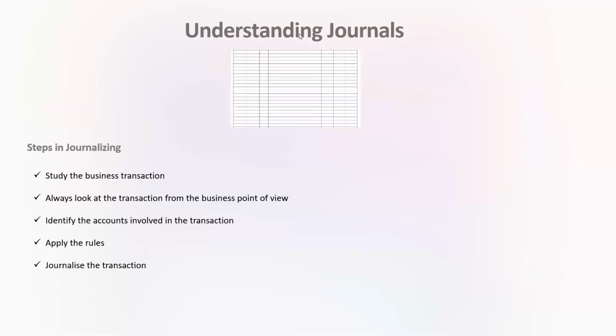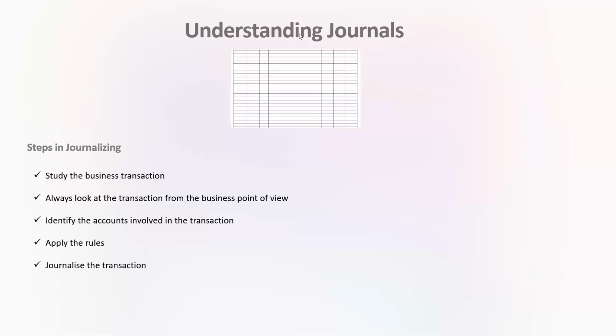Identify the accounts involved in the transaction. Identify all the parties. For example, if a credit purchase is being made, who are the parties involved? The company is involved, and whoever has supplied the material to the company is involved. And the nature of the transaction is a credit transaction, not a cash transaction.